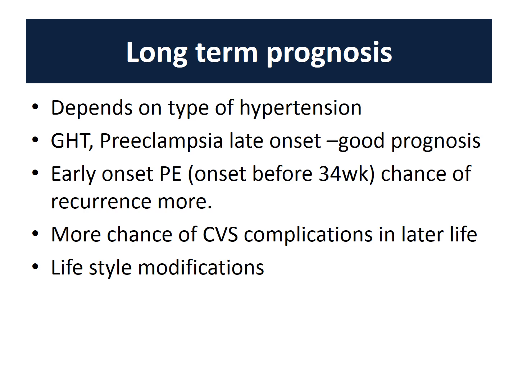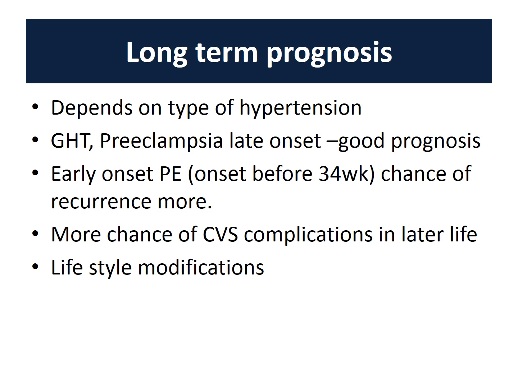Coming to the prognosis, gestational hypertension and preeclampsia of late onset have a good prognosis, but this patient may have a chance of developing essential hypertension in later life. In women having early onset preeclampsia, that is onset before 34 weeks, the chance of recurrence is more in the next pregnancy.